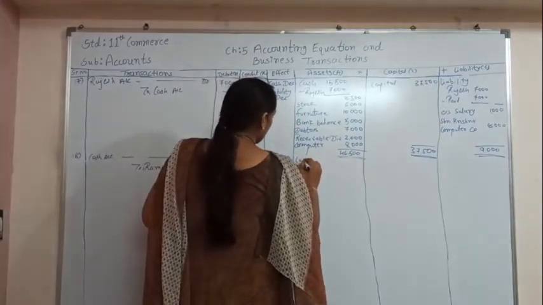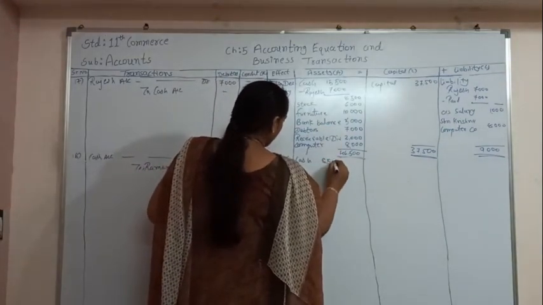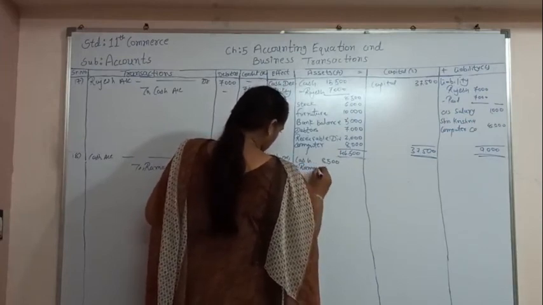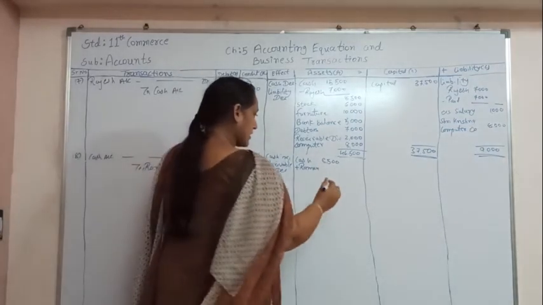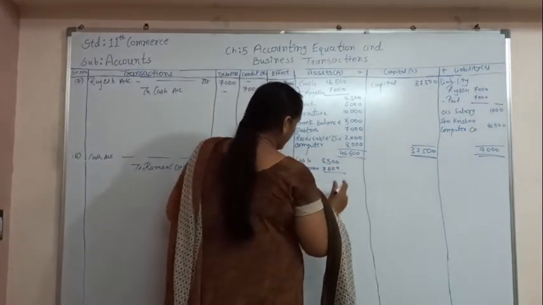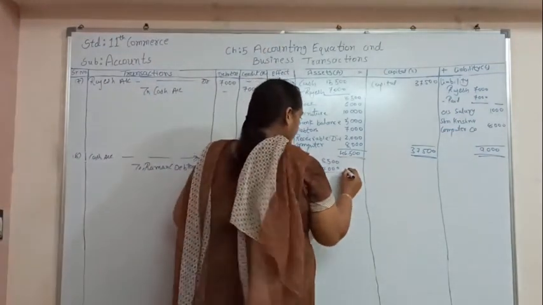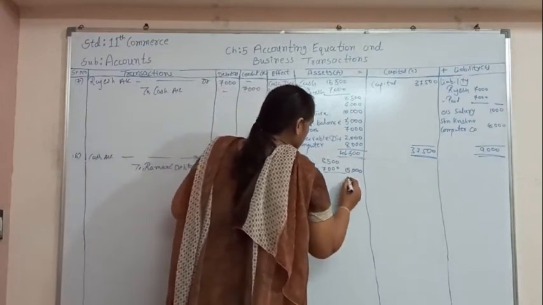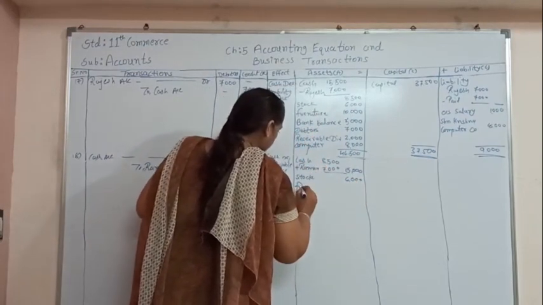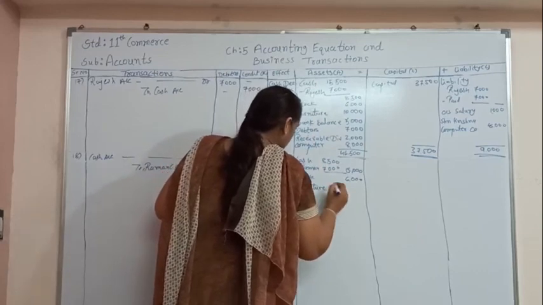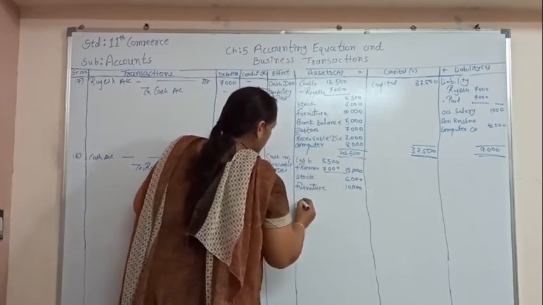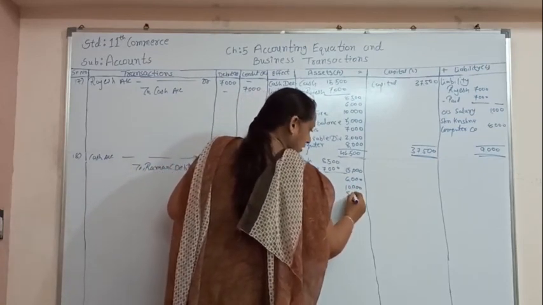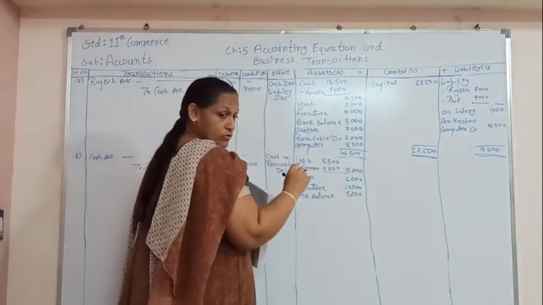So cash is rupees 8,500 plus this Raman account. Raman has paid us rupees 7,000. So the total will be 15,500. And here stock will be 6,000. Furniture will be 10,000. Bank balance will be 5,000. Then debtors is going to be removed.